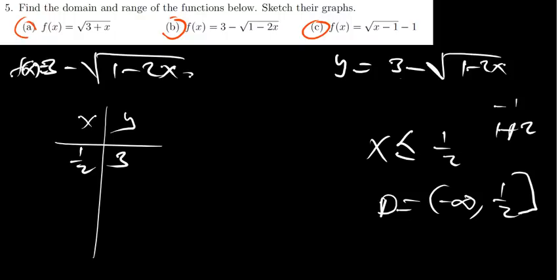Negative 1 is not going to work out. What number can we get so that we get a square root of that number? That number has to be less than half. Let's get negative 2, it's not going to work out. Negative 3 is going to be 6, and 6 plus that one is going to give me 7.